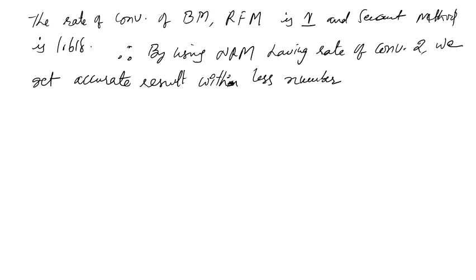That is the benefit of rate of convergence, with less number of iterations. Okay, this is the idea of why we have to study rate of convergence: if any method is having more rate of convergence, within less number of iterations we will get more accurate result.